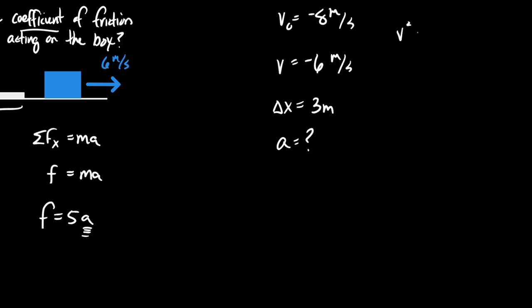So v squared minus v naught squared equals 2a delta x. This one's on the equation sheet. There are 3 motion equations on the equation sheet. This is one of the ones that's on the equation sheet. That looks to be negative 6 squared minus negative 8 squared equals 6a, since delta x is 3.